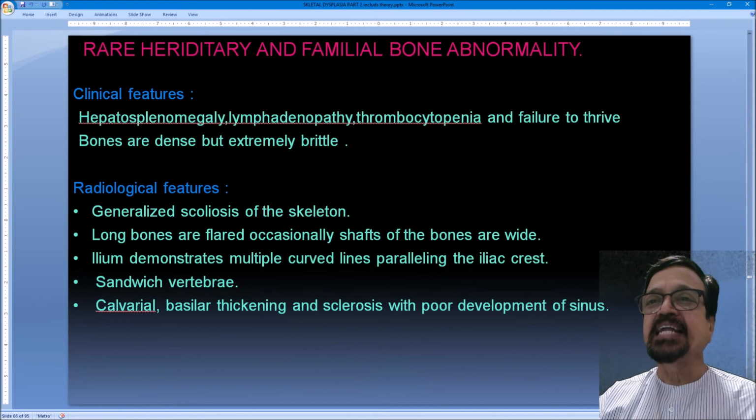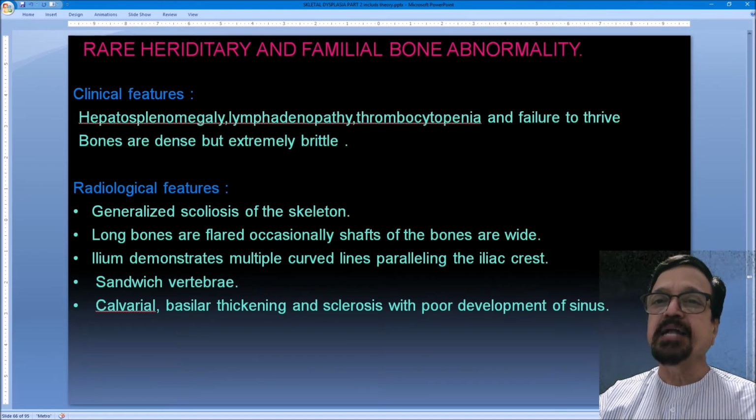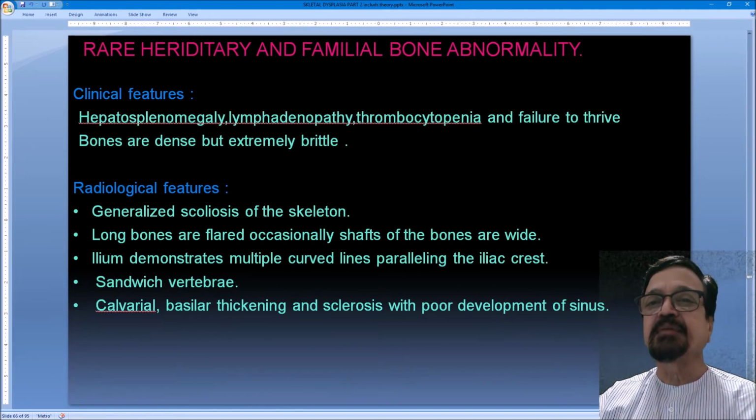Now we are going to see different types of rare hereditary and familial bone abnormalities. What are the clinical features of all these? Hepatosplenomegaly, lymphadenopathy, then thrombocytopenia and failure to thrive. Bones are dense but extremely brittle.